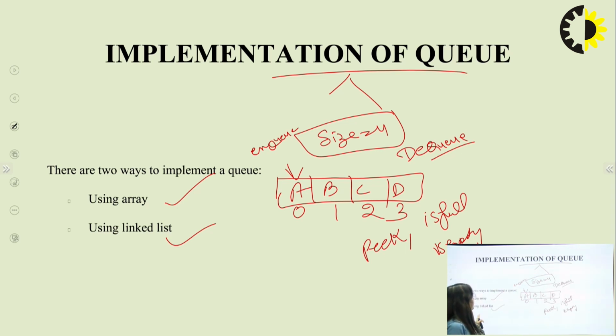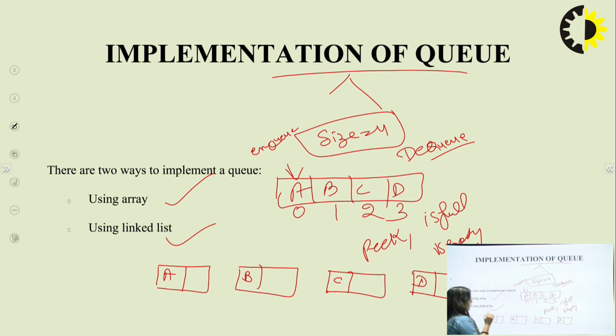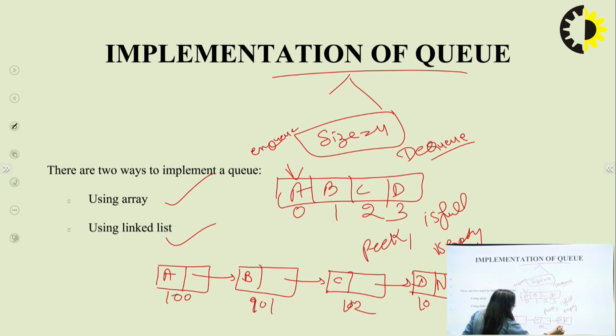But if you want to implement this queue using a linked list, then the representation is this: A, B, C, D. Each node links to the next node, and the last is null. The addresses are 100, 101, 102 and 103.